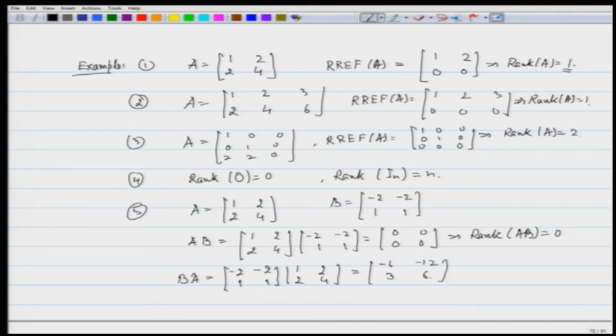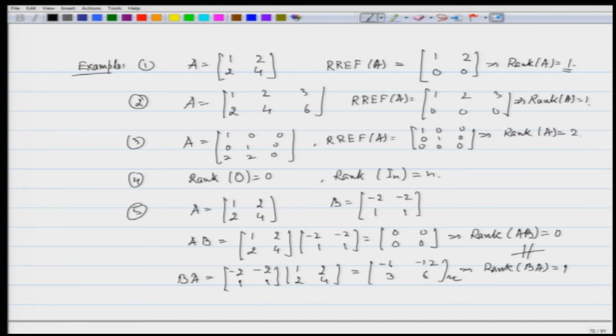If you look at this again, I can multiply this by 2 and add, I will get 0. So, this will imply that rank of this matrix BA is 1. So, here I see that rank of AB need not be equal to the rank of BA, fine. So, these are important ideas that you need to understand, that I can have issues with AB and BA: commutativity does not hold, not only that, rank also may not be the same, fine.